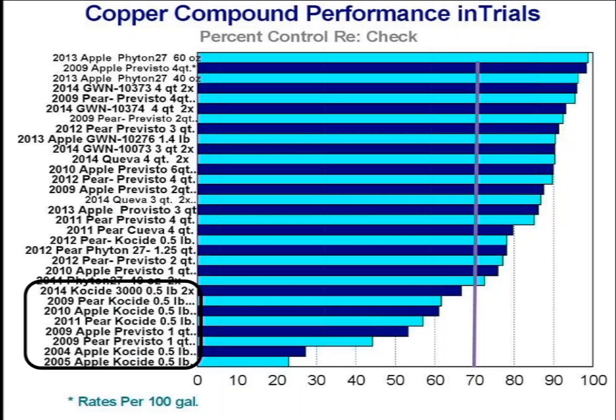And this is copper compound sprayed on the flower the day before and the day after inoculation. So the coppers have generally performed very well. We're mostly concerned about how you can put copper on safely without russeting your fruit. But as far as the efficacy, it seems to be there.